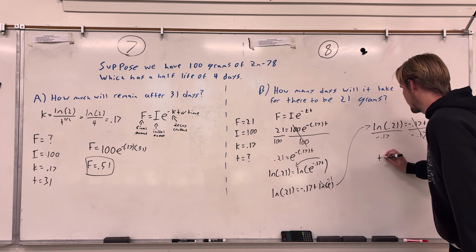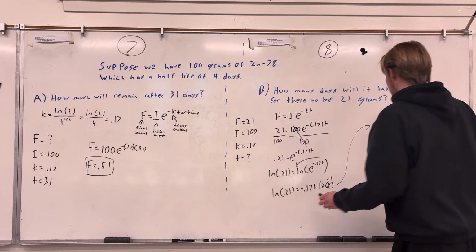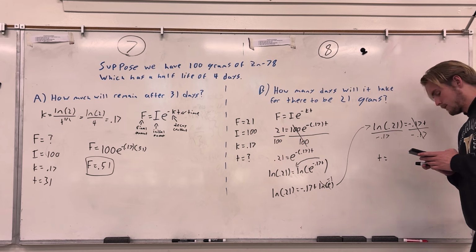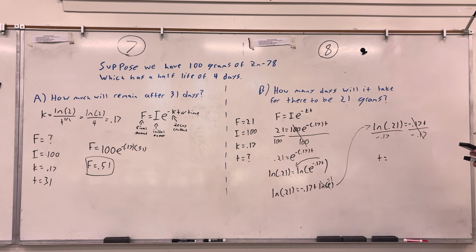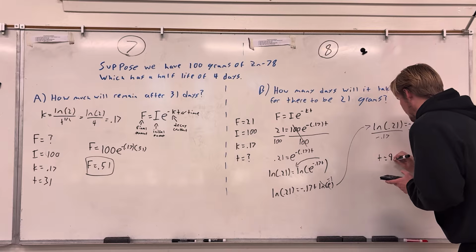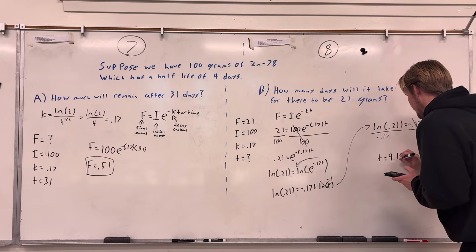We get t equals, we grab our magic calculator, ln of 0.21. We get 9.18.